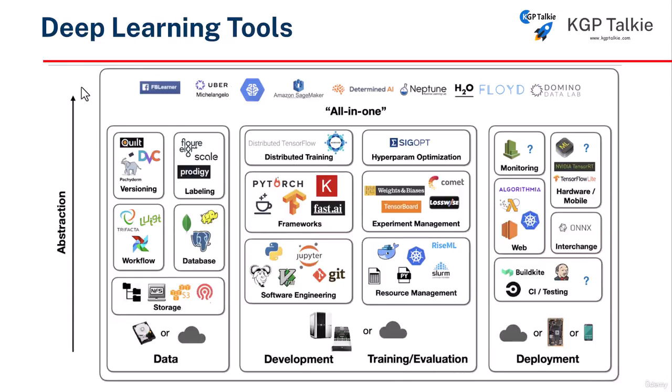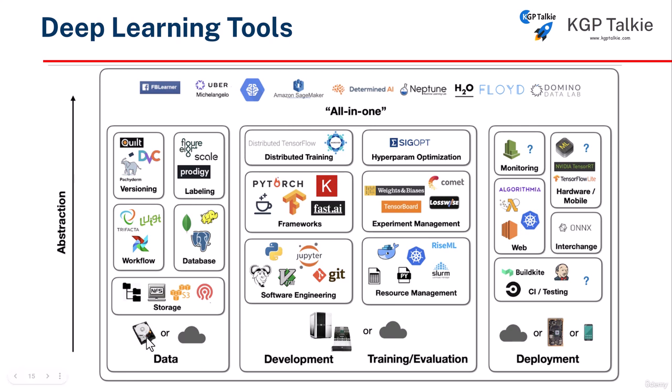Alright, these are tools in deep learning, and many of these tools you might have been using or your company might have been using. Moreover, I can just give you a sense of these tools.